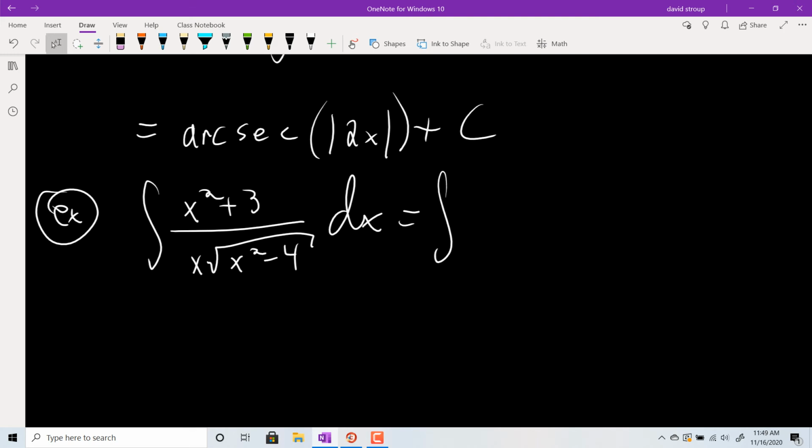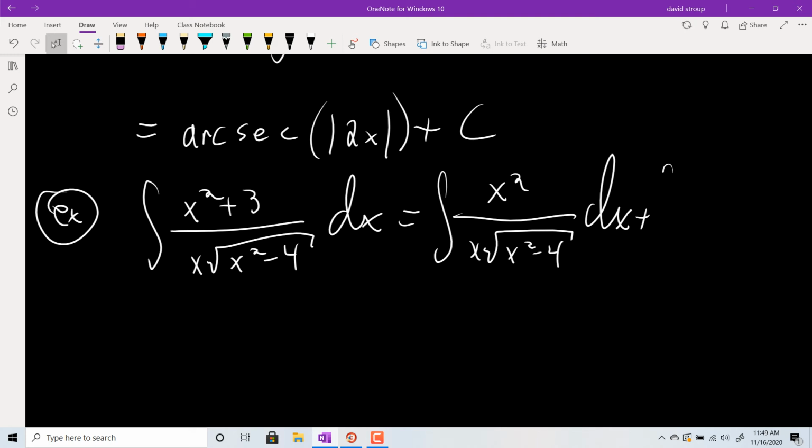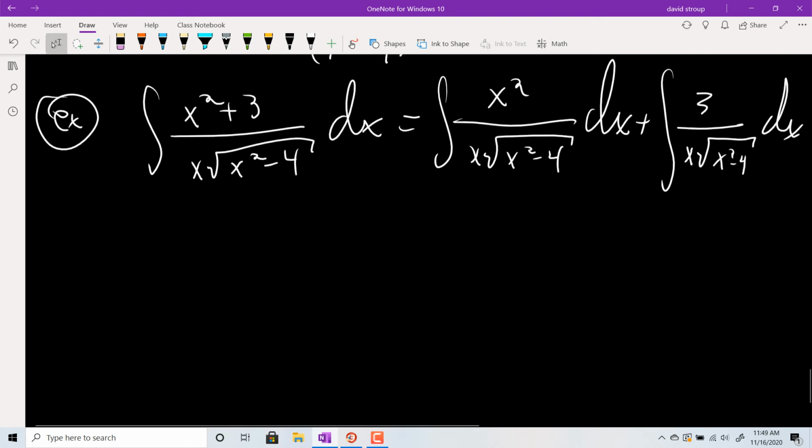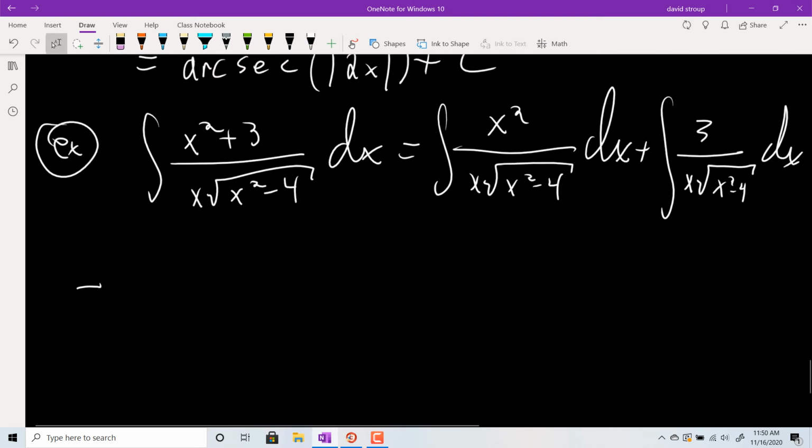Okay, so you end up with the integral of x squared all over x times the square root of x squared minus 4 dx, and then plus the integral of 3 all over x times the square root of x squared minus 4 dx. So that second integral is going to become an arcsecant, and the first integral is probably just a u sub of some sort.